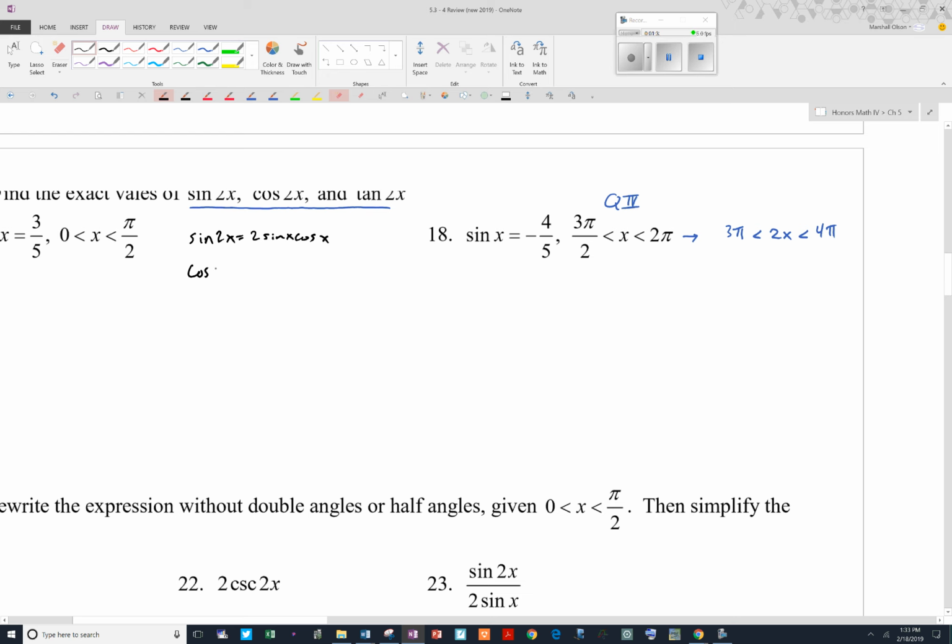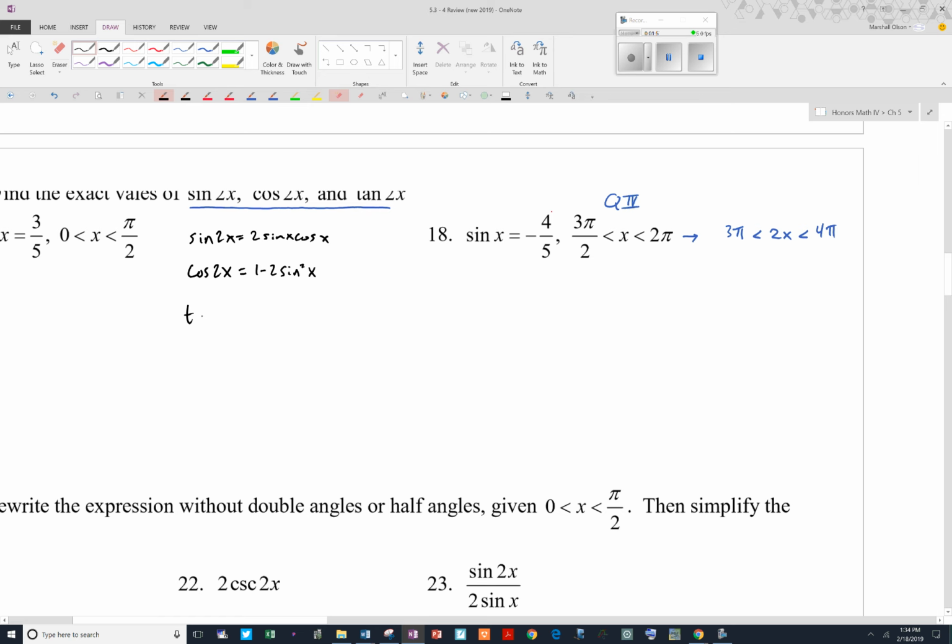Cosine of 2x, we could use any of them. I'm just going to use the same one that I used when I did my key, which is 1 minus 2 sine squared. And the only reason I think I picked that one is that if this were the only thing I were finding, I wouldn't even have to do anything because I already have sine, so I could just use what I'm given right there.